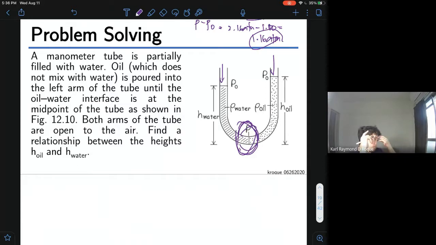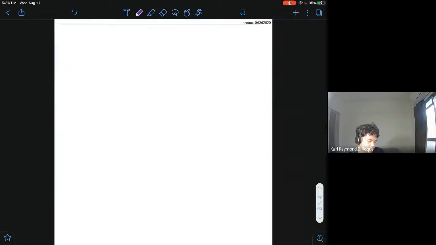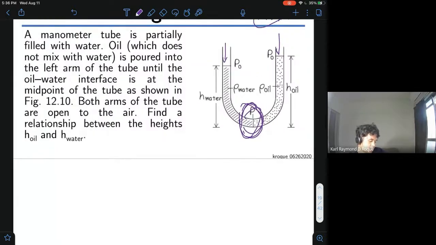Hindi siya gumagalaw by Pascal's law, kaya pare-pareho. So, what can we do? Use natin yung P equals P naught plus rho GH. So, sa water, P naught plus rho water GH water.